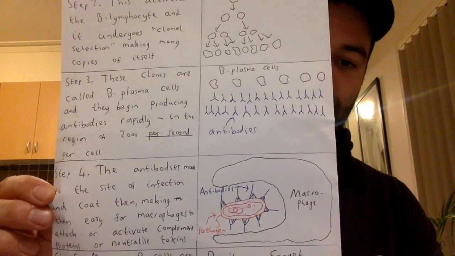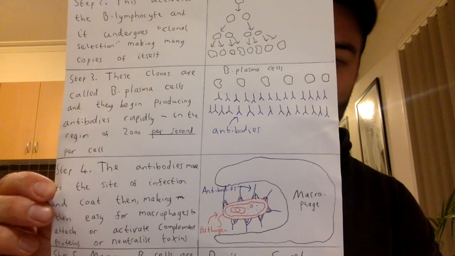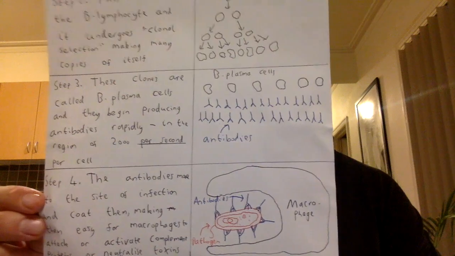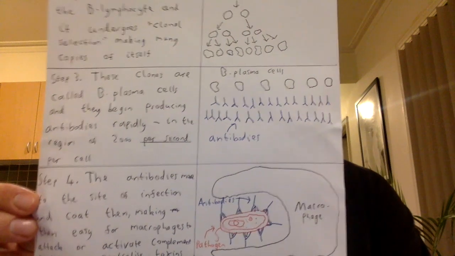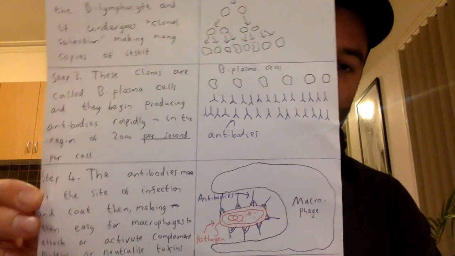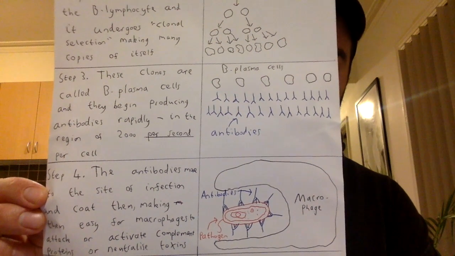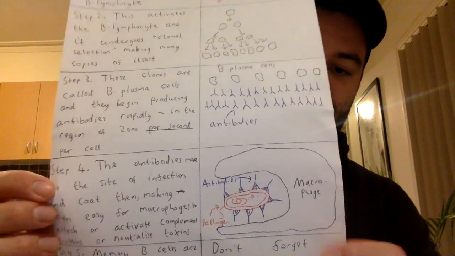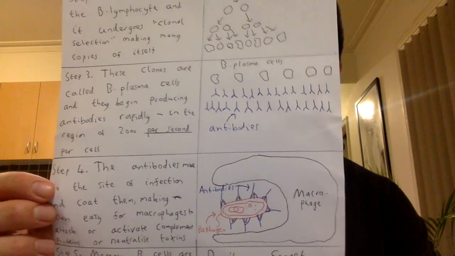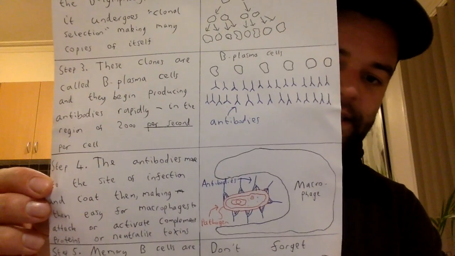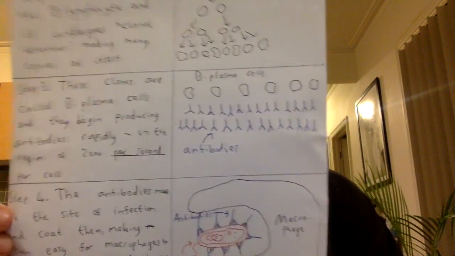They may also activate complement proteins, which will destroy the pathogens, or they may deactivate the toxins produced by them. They do all sorts of things that just stop the pathogen working. But the most common one is just coating it with themselves, stopping it moving, and making it very, very easy for the macrophages to destroy.